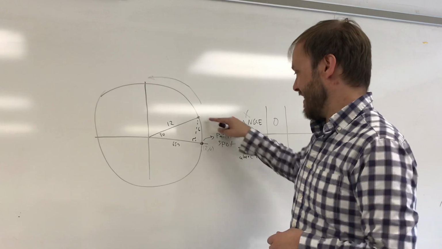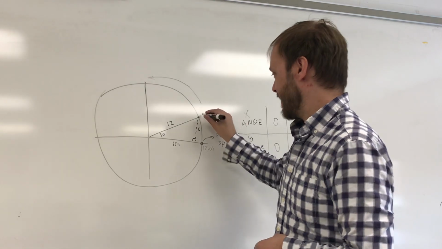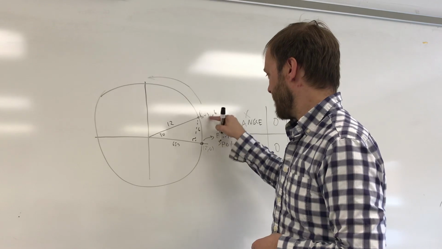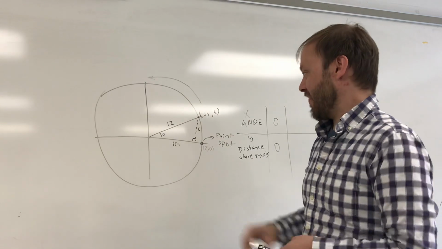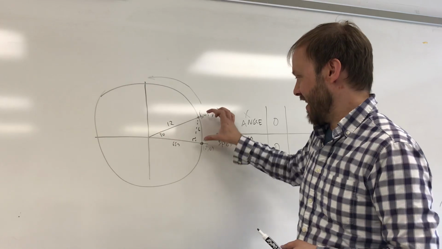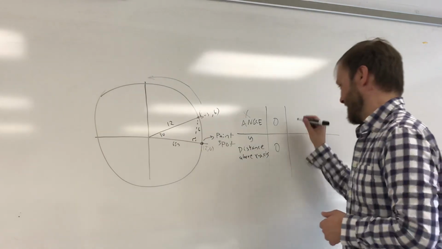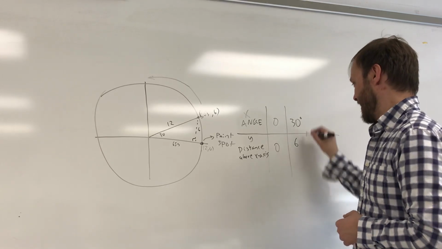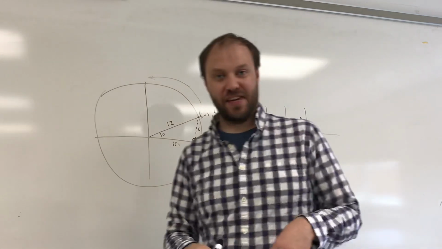So that's technically the point (6 radical 3, 6). I want the height of the point above the x-axis. So for a 30-degree angle, the height above the x-axis is going to be 6. On your graph, at 30 degrees, you're going to plot a distance above the axis of 6.